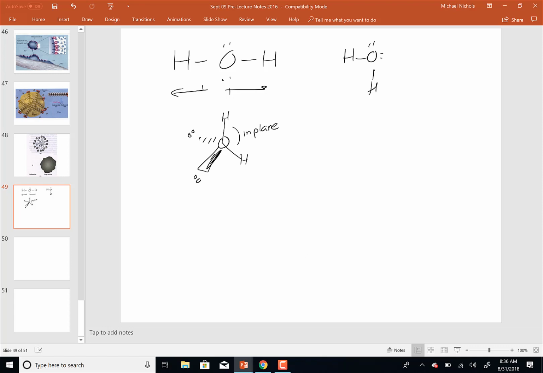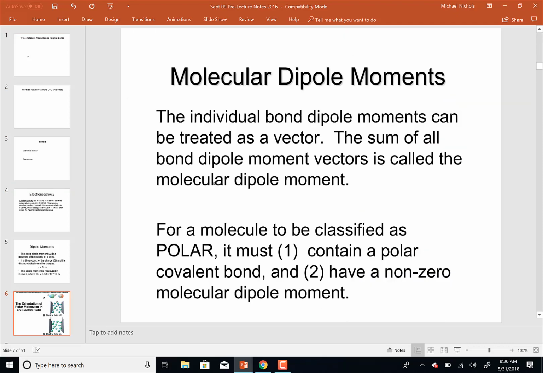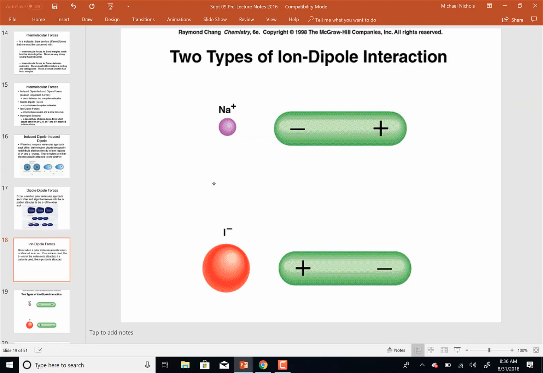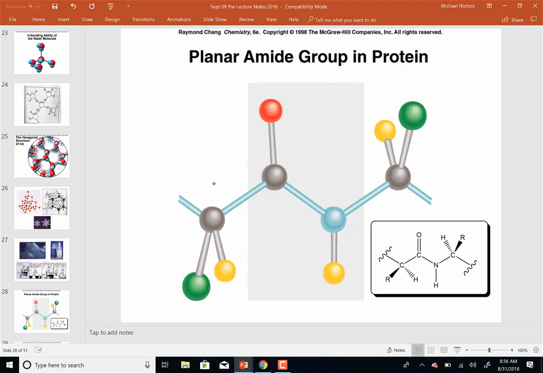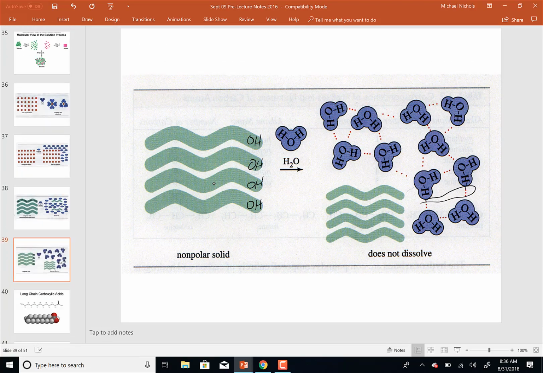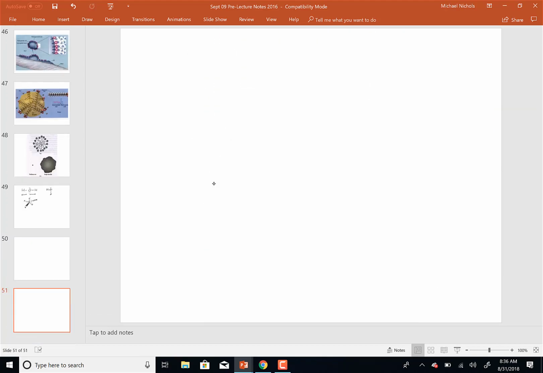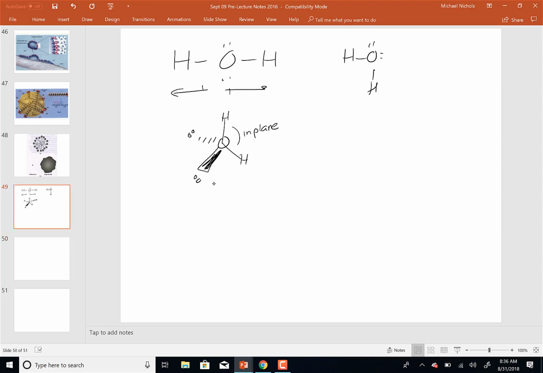The bold wedge is in front of the screen, and the dashed one is behind.